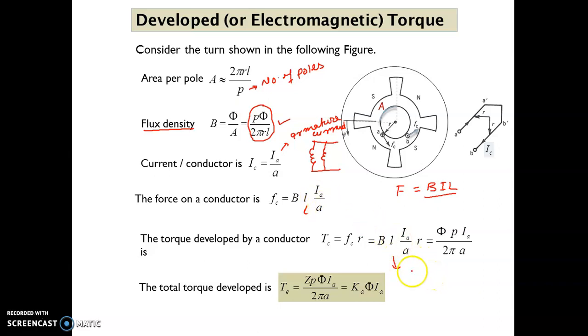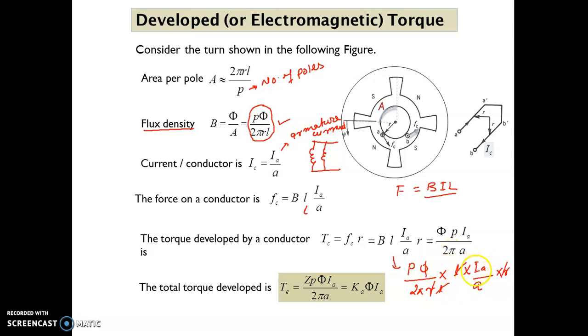B is P multiplied by phi divided by 2 pi R L, then multiplied by this L, then multiplied by Ia, then divided by A, where A is the parallel paths, and then multiplied by R. I just put the value of the flux density B here. The radius R will cancel out, and L will also cancel out.